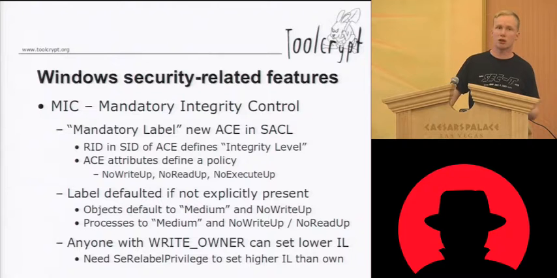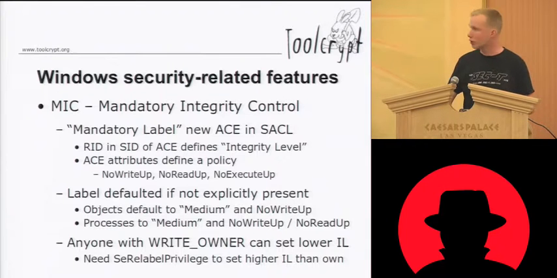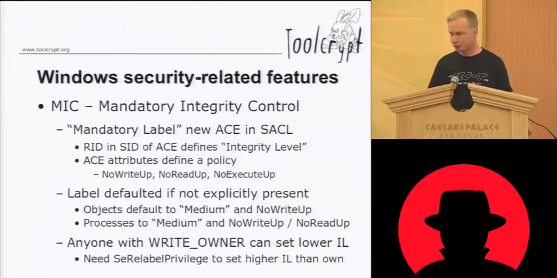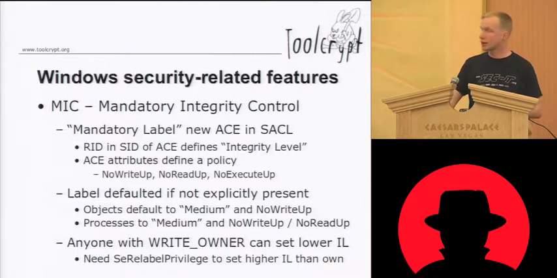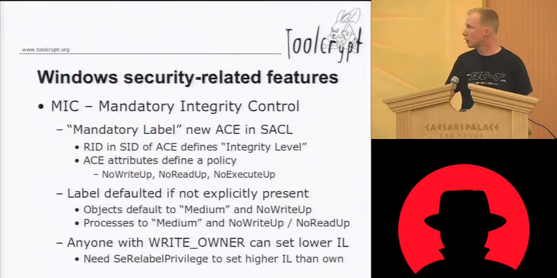So most system resources are by default tagged with the integrity level of medium. Rather, if there isn't an access control entry with a mandatory label in the system access control list, or SACL, in a specific resource, it will be interpreted as being of integrity level medium, with the no write up policy, except for processes, which will be interpreted as integrity level medium with no write up and no read up.